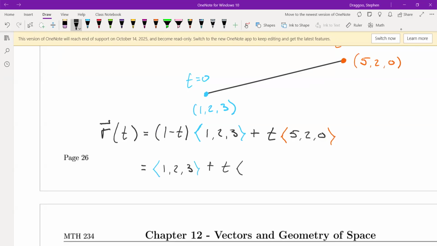So the vector that gets us from blue to orange, which I believe is going to be 4, 0, -3. I'll add in a little bit more color here. That is the vector that gets us from blue to orange. So that's the vector that moves us along the line segment.